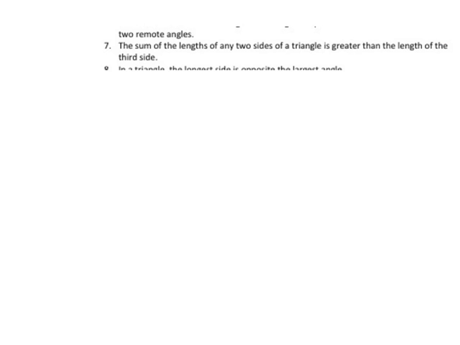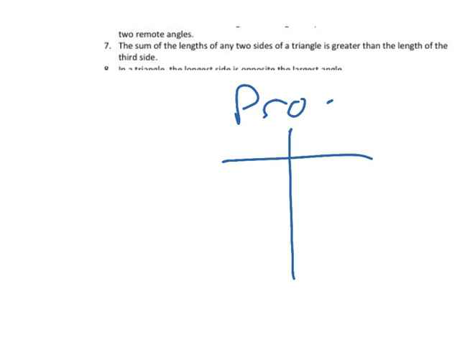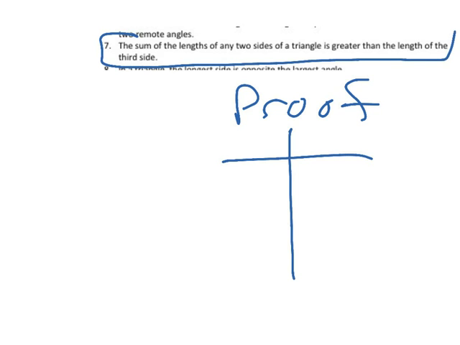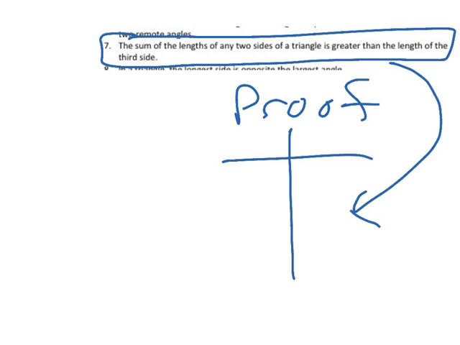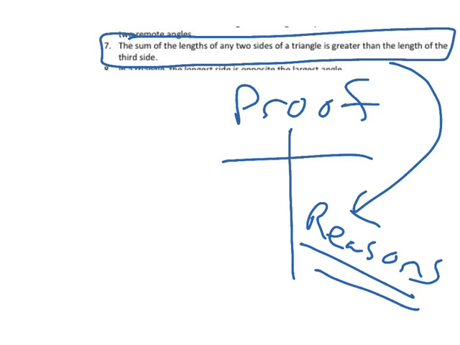There's a second possibility that you could be tested on for these theorems, and that is that you could be asked to do a proof, and inside that proof, this theorem right here, or any of the other ones, could be used as one of the reasons. I'm going to stress something really important here: you will not be asked to prove that those theorems on that list are true.